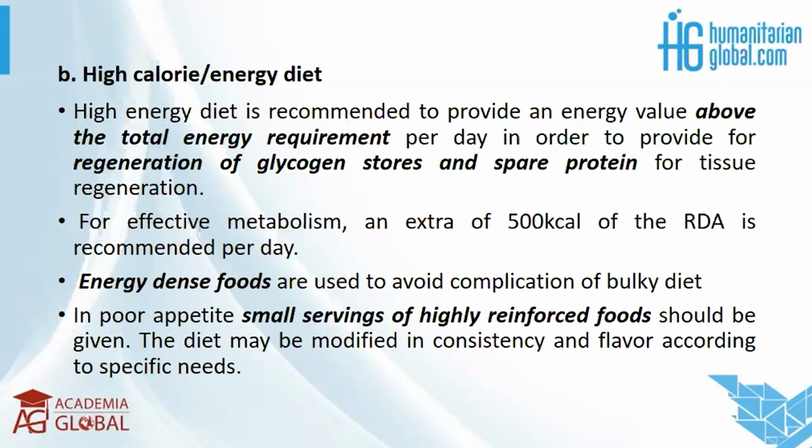You do it bit by bit, and we are saying you add an extra of only 500 kilocalories. You do this gradually. You start with 500 calories, you see how the body reacts, the body gets used to that. If you need to add more, then you can add more over a period of time, gradually. So you don't just add too much of the calories. It will bring metabolic problems.